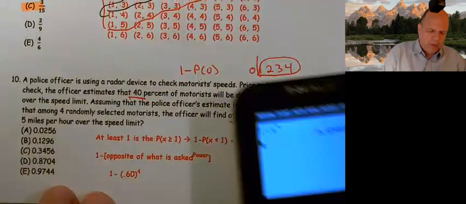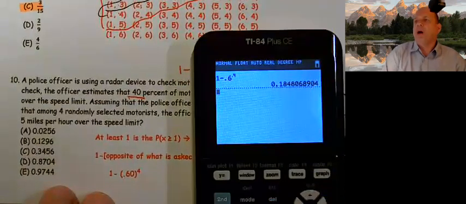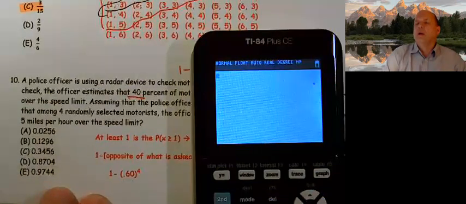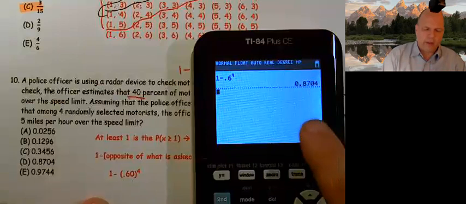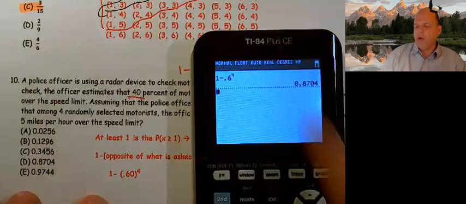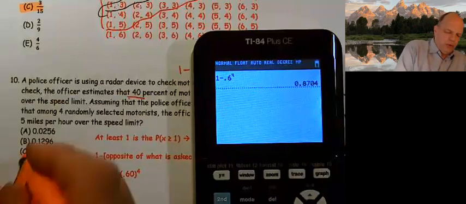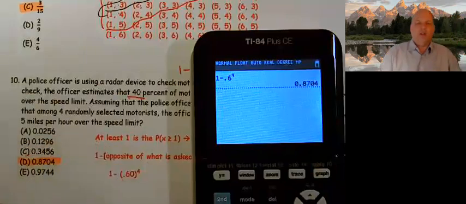So let me see what I did wrong there, because I did not get that answer. I'm going to pause this for a second and figure out what. Okay, let's try that again. 1 minus 0.6 to the 4th power. Apparently I hit a button incorrectly. So anyway, 0.8704. Our answer choice should be D as in dog.